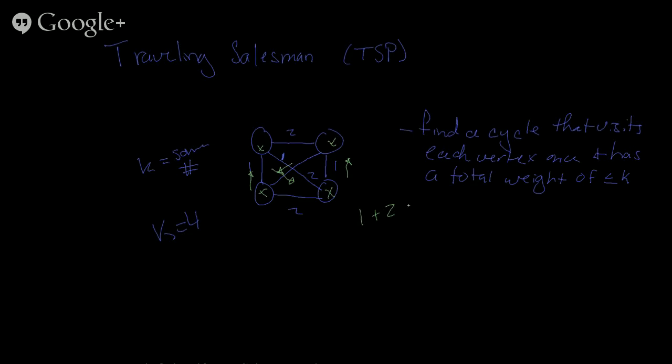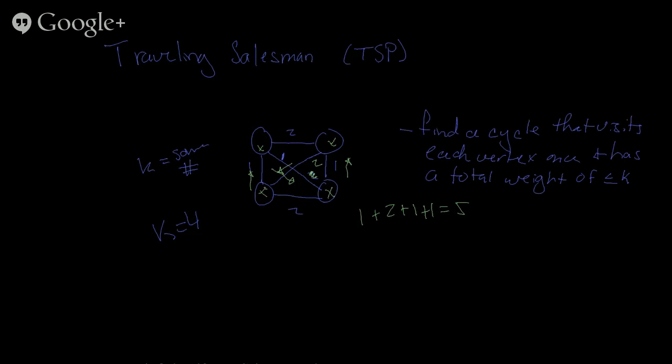It would help if I labeled these more clearly. This one right here is 2. Plus, we go up here, so that's 1. And we go down here, so that's 1. So if you were given this potential solution to the TSP problem with k equals 4, this obviously equals 5, and so it would end up not being a good solution.